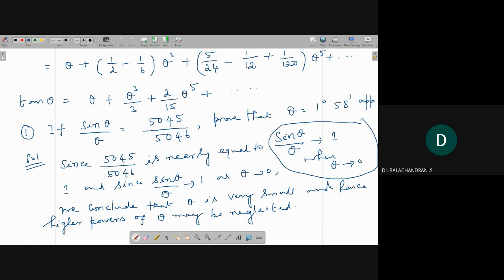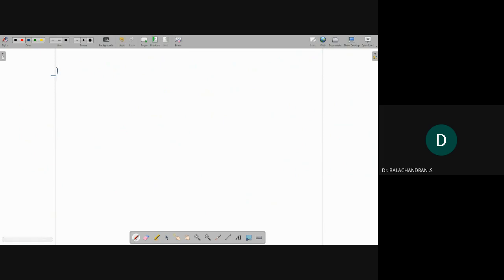First I will write the problem. Sin theta by theta is equal to 5045 divided by 5046.